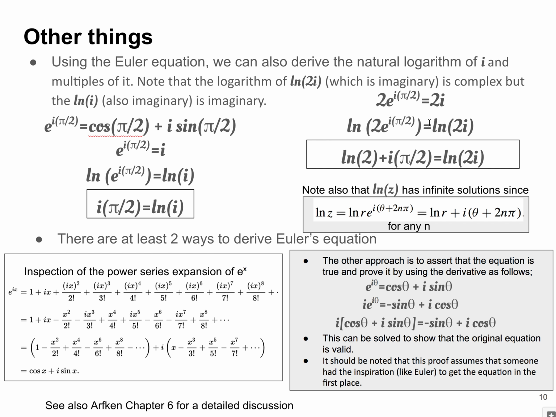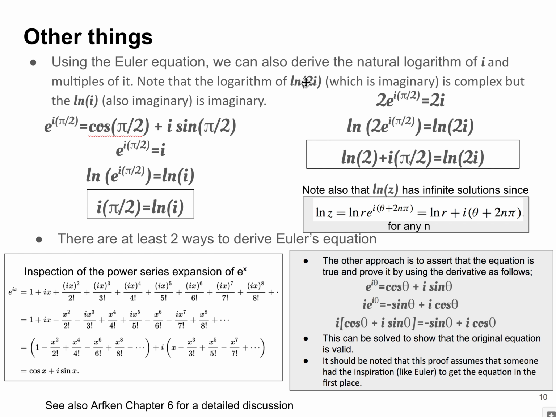Another thing you see on this little page is we can evaluate the logarithm of a number like 2i, the logarithm of a complex number. Sorry, a pure imaginary number. So if you have the logarithm, you can do this arithmetic, and you may remember the logarithm of a product is equal to the sum of the logarithms.